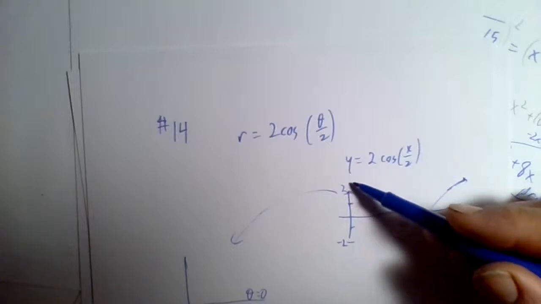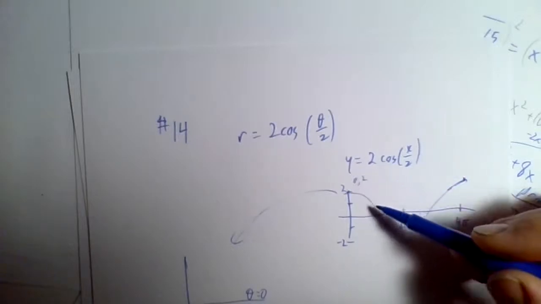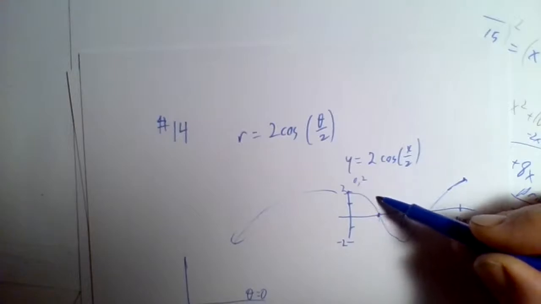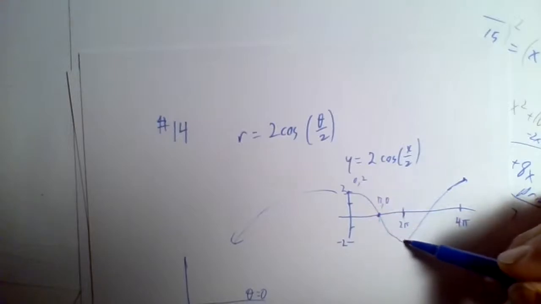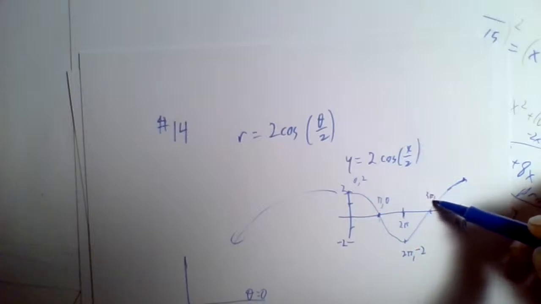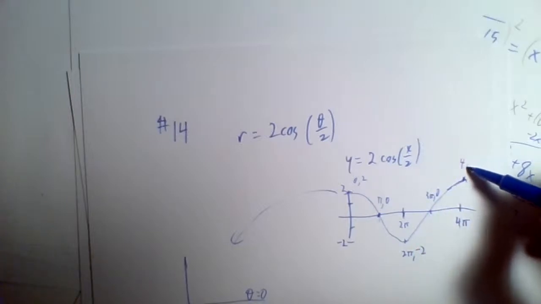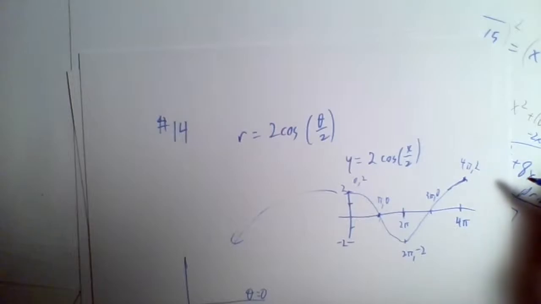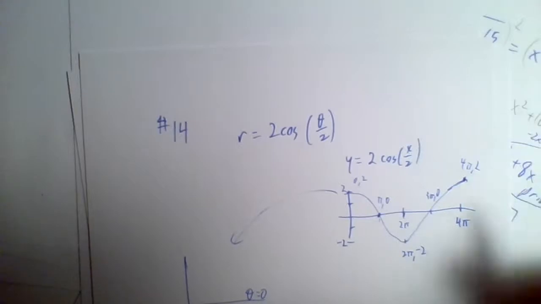So we have points like 0, 2; pi, 0; 2 pi, -2; 3 pi, 0; and at 4 pi we're back to 2. Those are the key points on this thing that are going to come over to the polar graph and be useful.